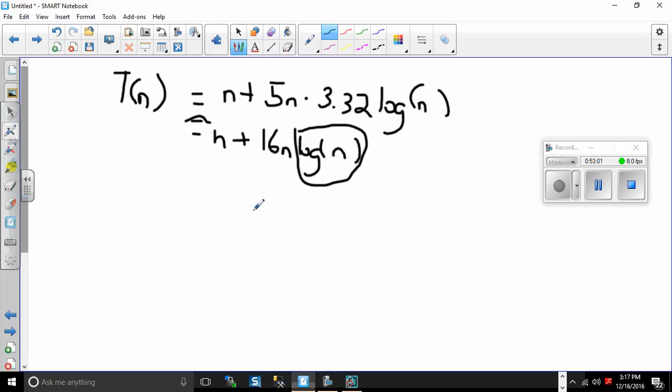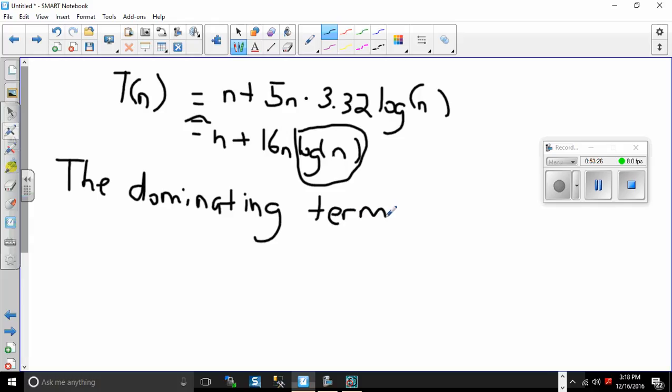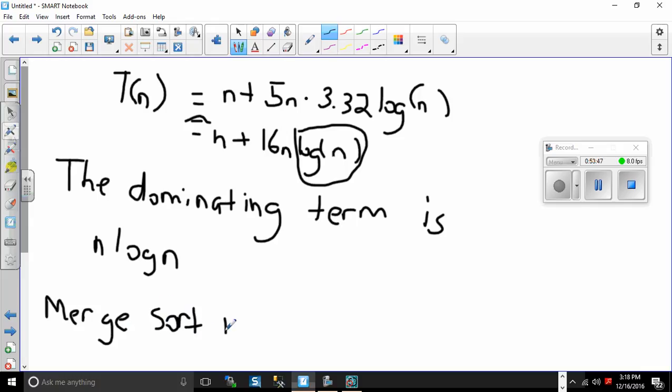So the dominating term is n log n. All right, so merge sort is big O, okay, of n log n.